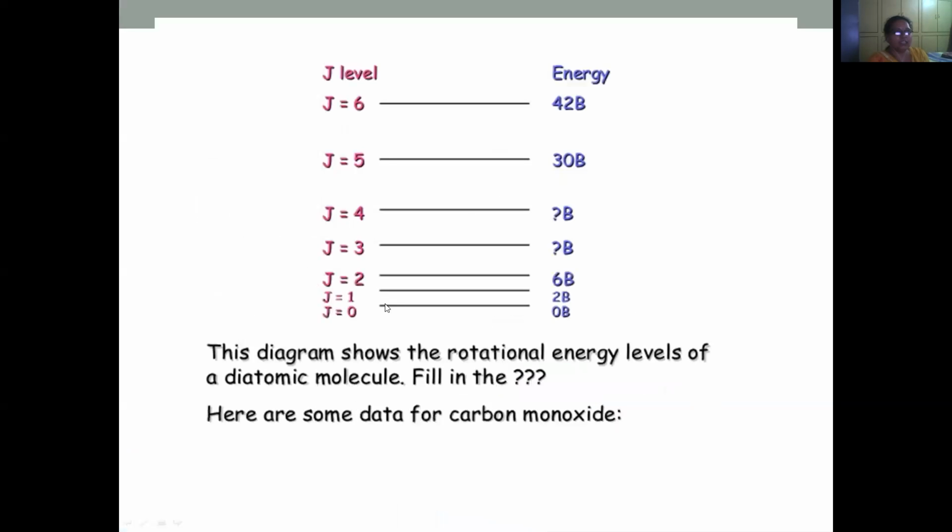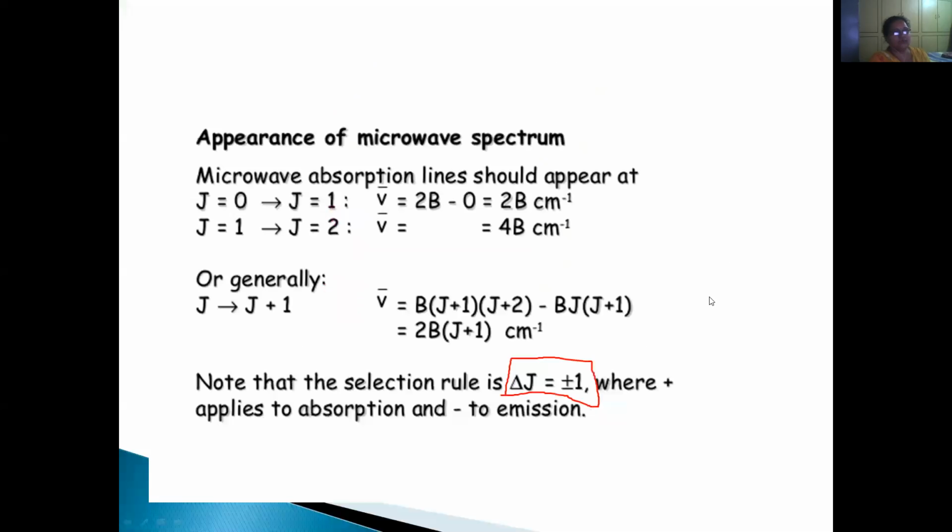It can jump from 0 to 1, 1 to 2, 2 to 3, or 3 to 4, but it can't jump directly from 0 to 3, 0 to 5, 0 to 6, or 1 to 5, or 1 to 6. Only one level is changed. So this is the equation of the microwave spectrum for the diatomic molecule. Thank you.